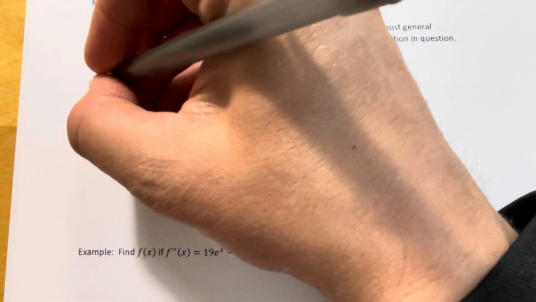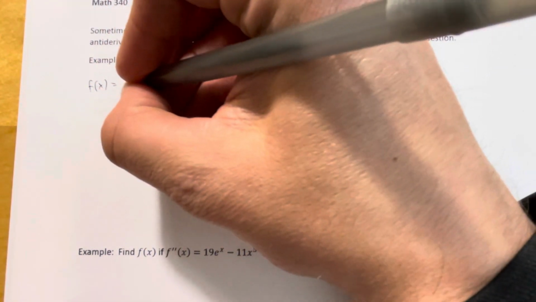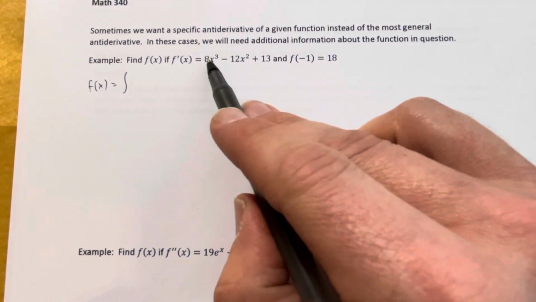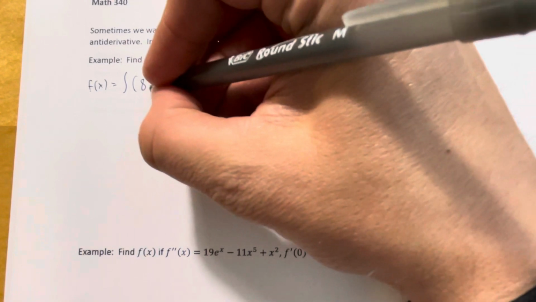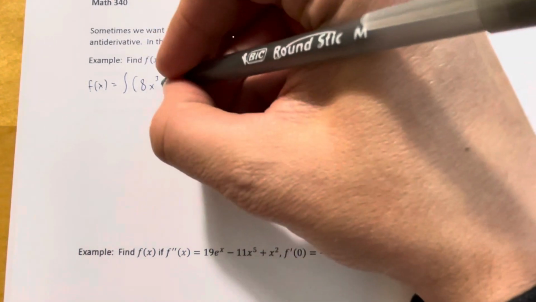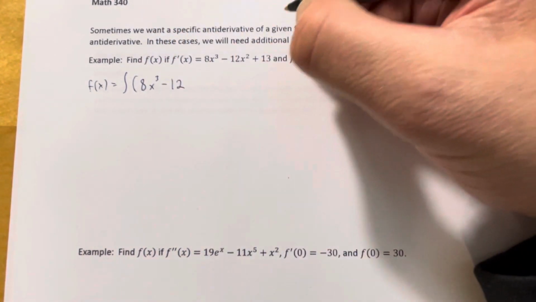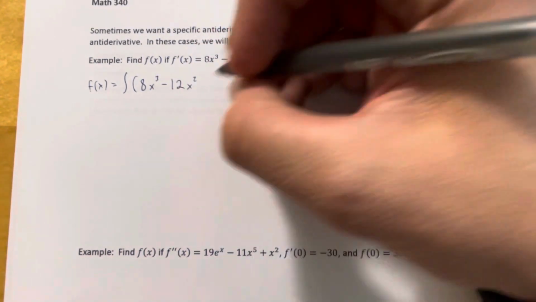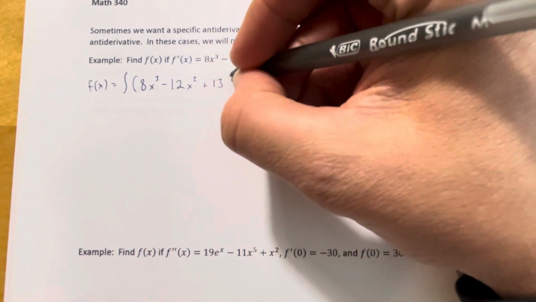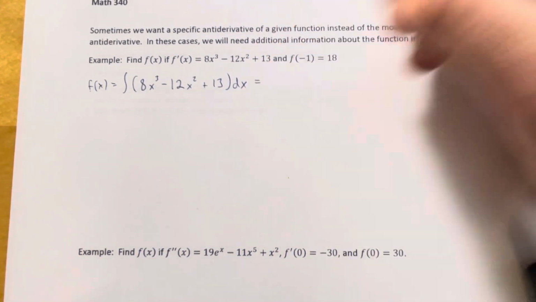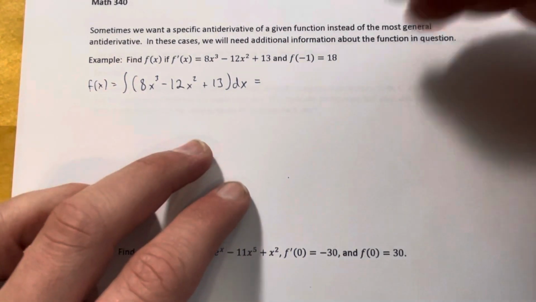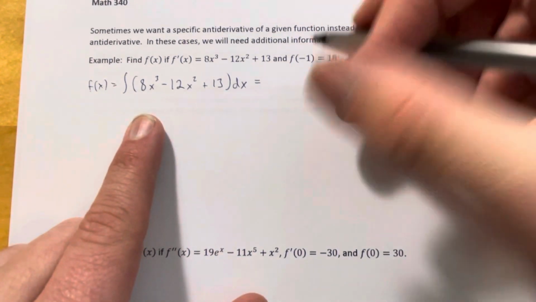So f of x would be equal to the antiderivative of f prime, which looks like this, 8x cubed minus 12x squared plus 13 dx. And by this point, we've done several of these, so we can kind of move through it a little bit quicker.